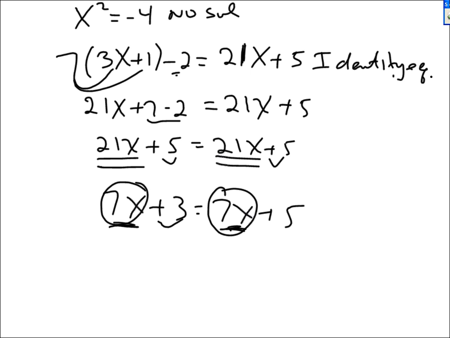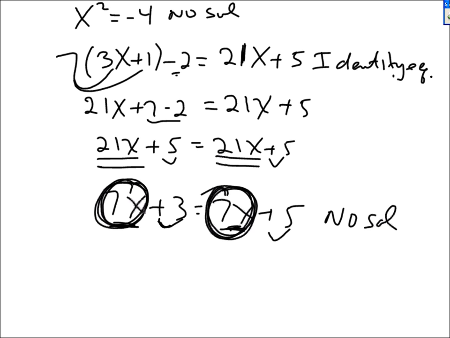But then you add 3 and your classmates add 5. It's not equal, ever. It's no solution. If you start off with the same number, whatever x is, 5. 7 times 5 is 35. You both have 35 in your calculator. You add 3, your classmates add 5. They won't be equal anymore.